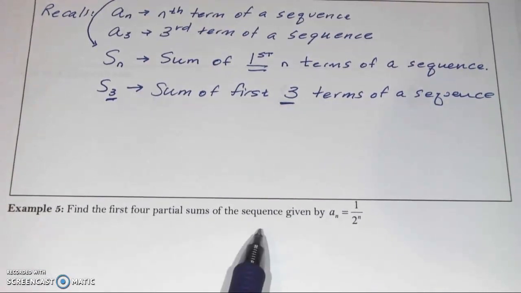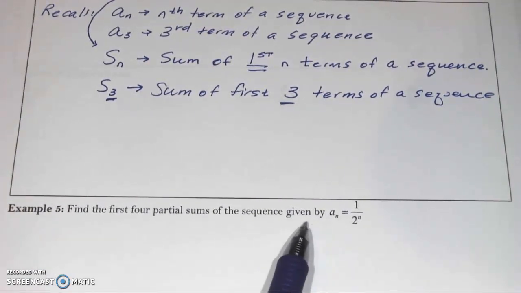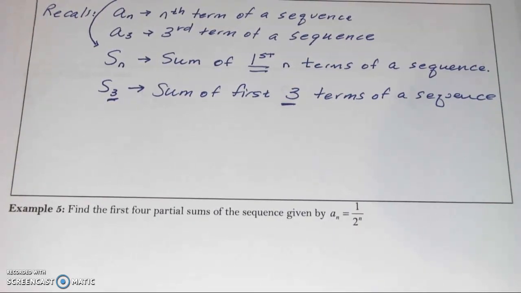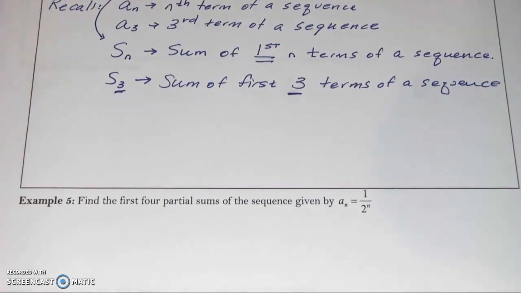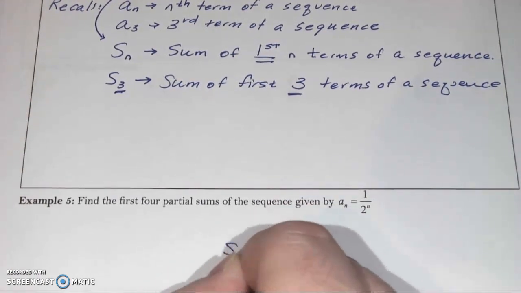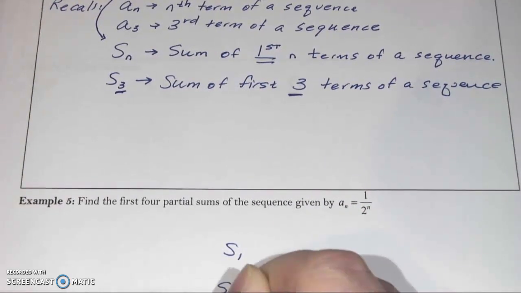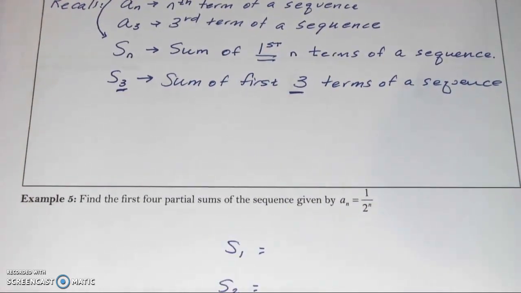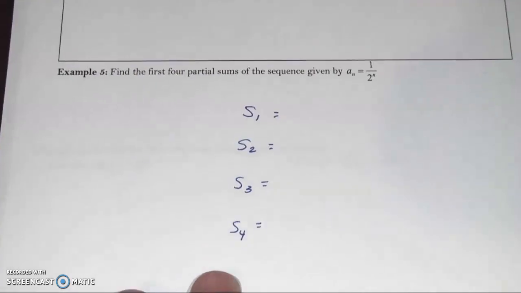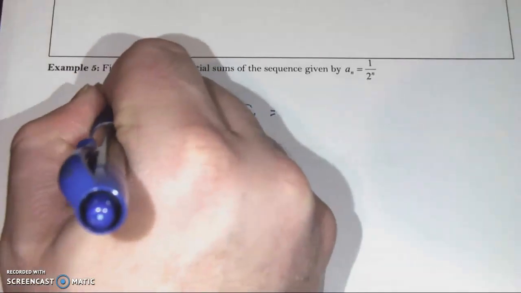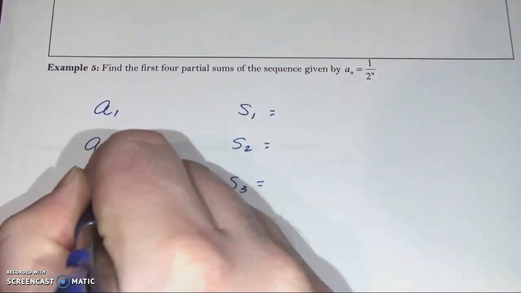So we're going to find the first 4 partial sums of the sequence given by a sub n, the nth term, equals 1 over 2 to the n. They want the first 4 partial sums. Prior to getting any big, beautiful formulas, we're going to need to find the first 4 terms.